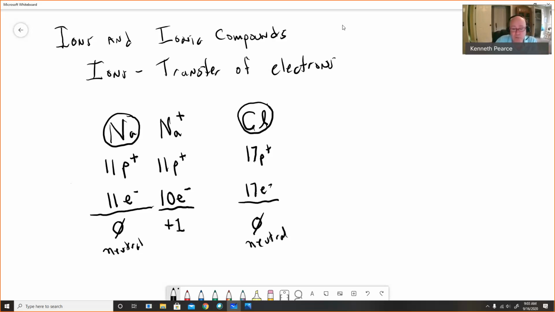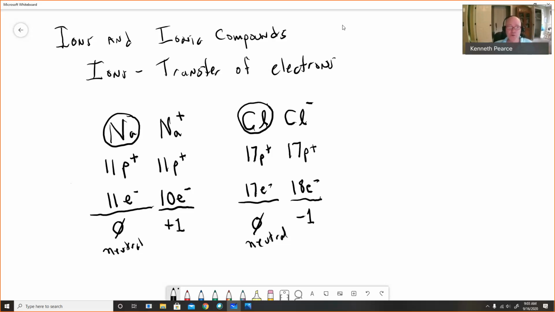It really wants to have 1 more electron. So if it picks up 1 more electron, it now has 18 electrons total. But since it's chlorine, it still has 17 protons. And so we write its symbol as chlorine, and we'll go ahead and subtract the 18 from the 17, and so we write that as chlorine minus.